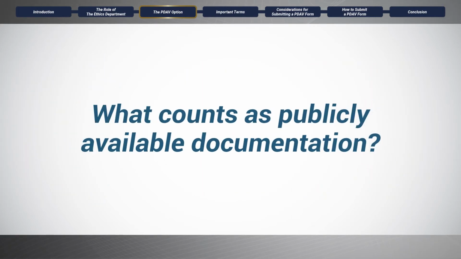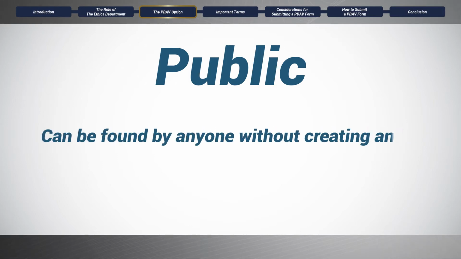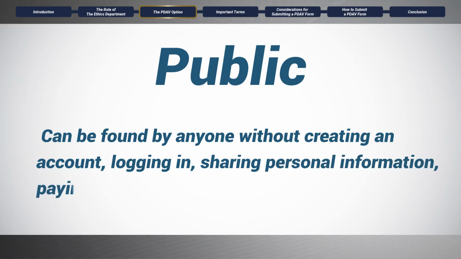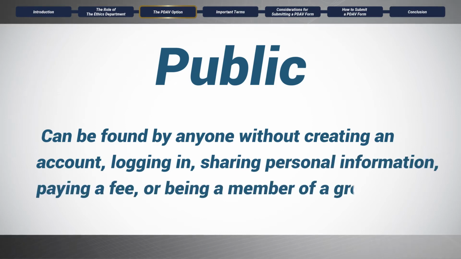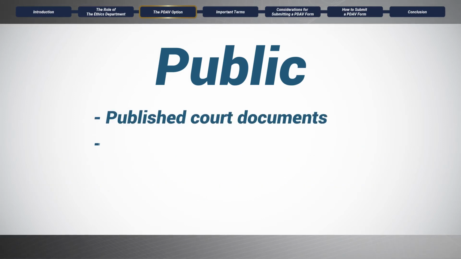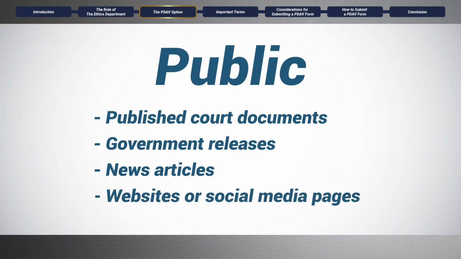But what counts as publicly available documentation? Publicly available documentation is anything that constitutes clear evidence of an ethics violation and can be found by anyone without creating an account, logging in, sharing personal information, paying a fee, or being a member of a group. For example, published court documents, government releases, news articles, and information on public websites or social media pages are considered publicly available documentation.